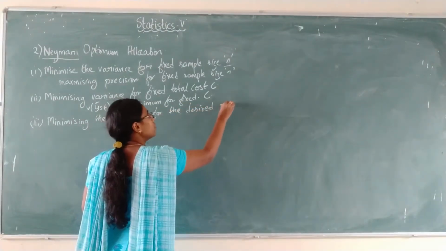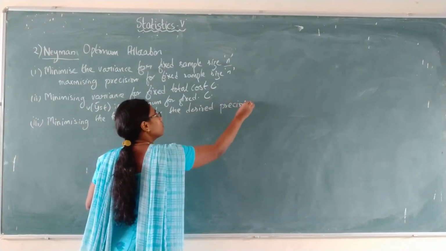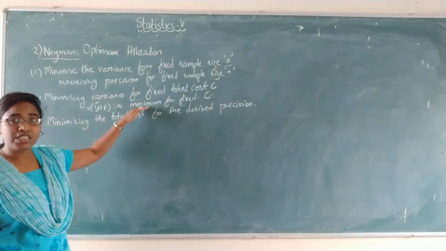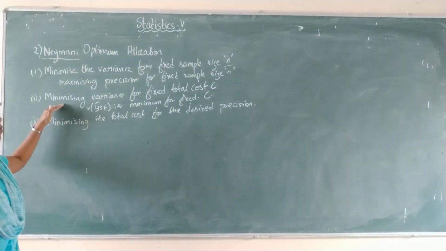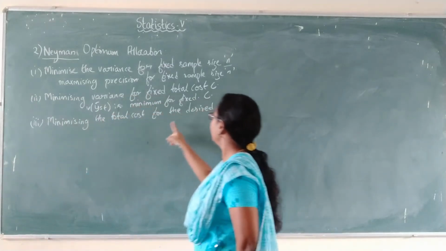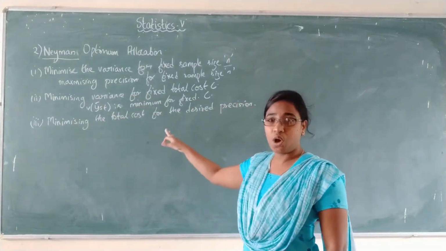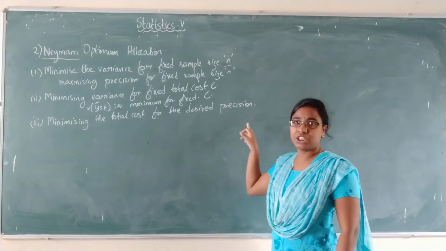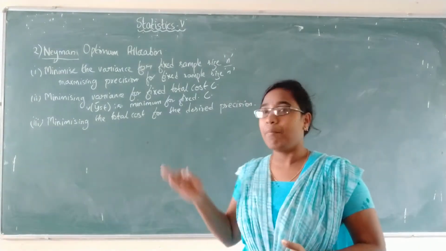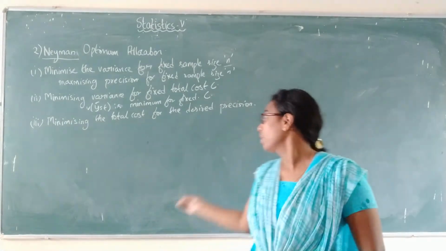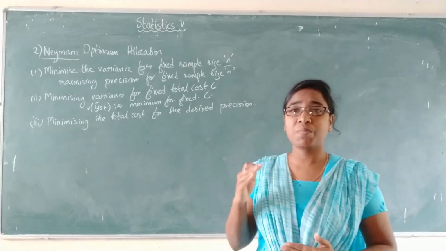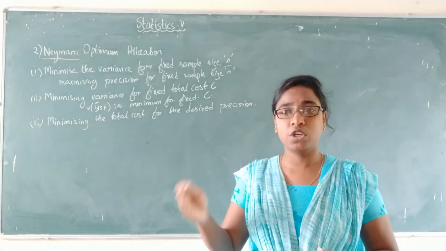In the second case, first we fix the cost, and depending on the cost, we minimize our variance. The third one is the reverse of that: we minimize the cost for the desired precision. First we assume the maximum variance that should not be exceeded.